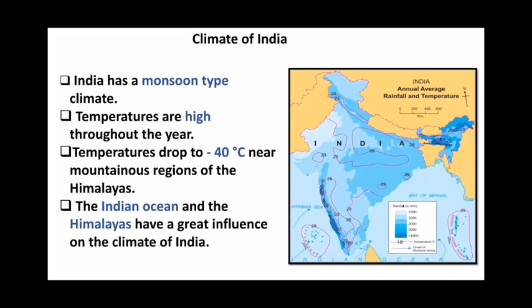In winters, the temperatures drop to minus 40 degrees Celsius in Jammu and Kashmir and parts of the mountainous regions of the Himalayas. The variability of climatic conditions of India is mostly due to the latitudinal location.